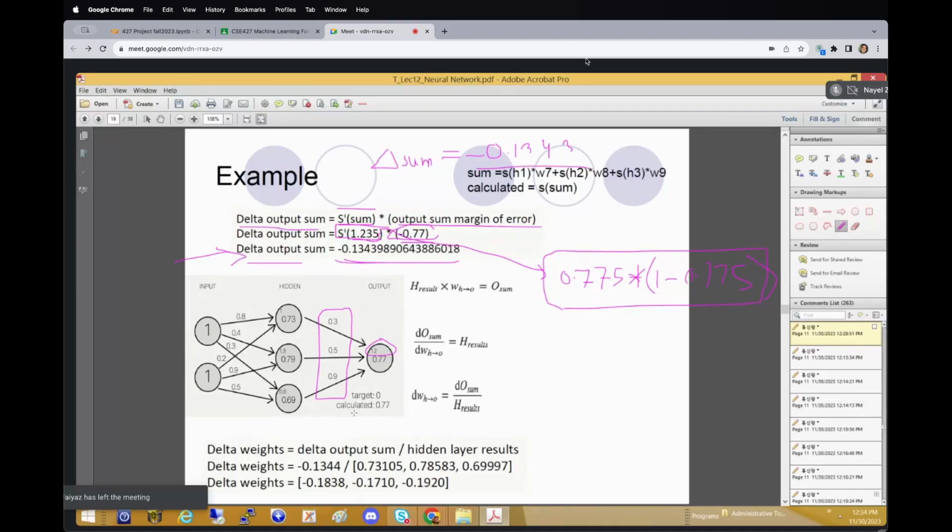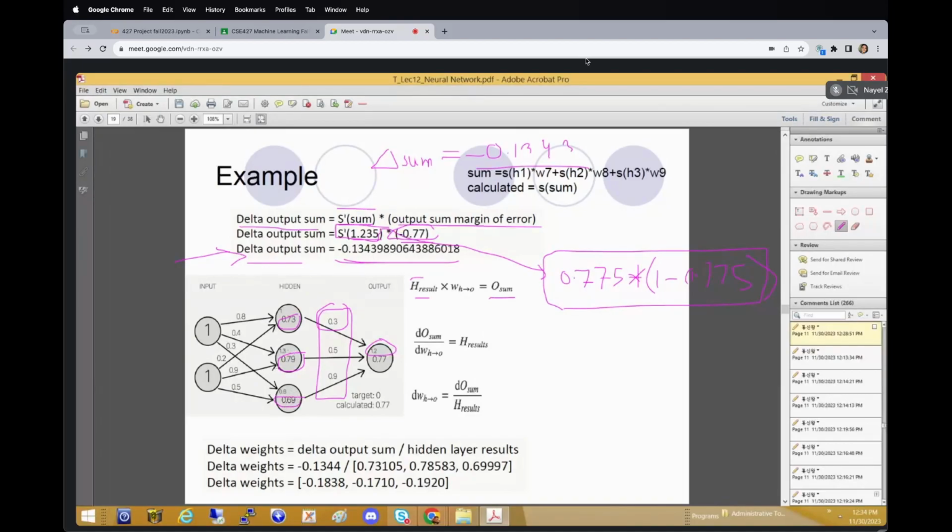If we look at our forward propagation, how we got the output sum: the relationship is that we multiply the hidden layer results, these values, with the weights. These are called the hidden layer results, after applying the sigmoid.